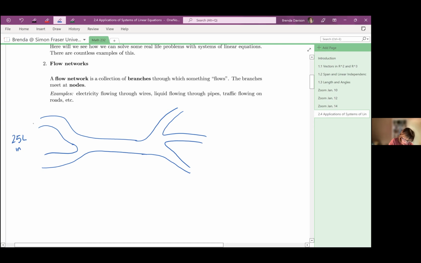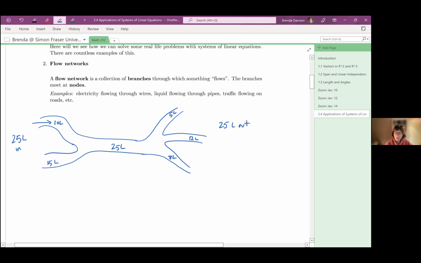We observe there's 10 liters coming in here and 15 liters coming in here. That means, of course, there must be 25 liters flowing through this main branch here. Then I've decided that maybe there's 5 liters coming out here, 12 liters coming out here. That, of course, means there must be 8 liters coming out here, and 25 liters coming out.